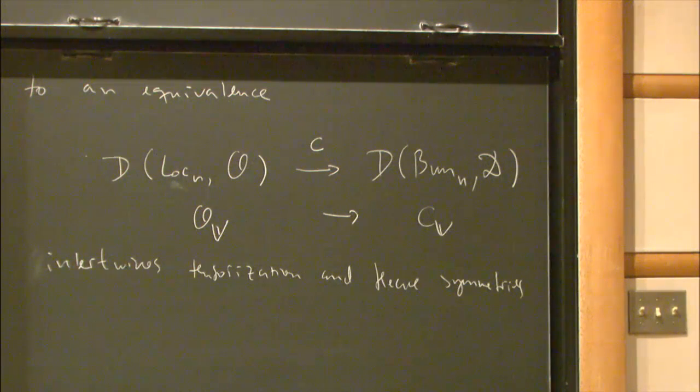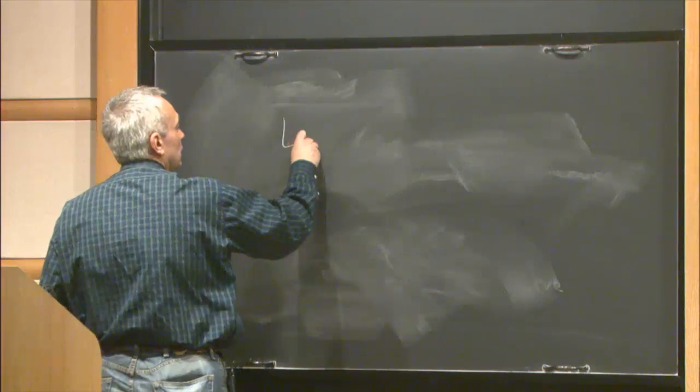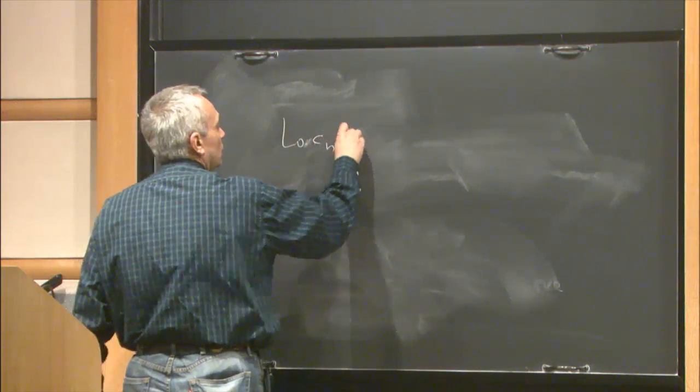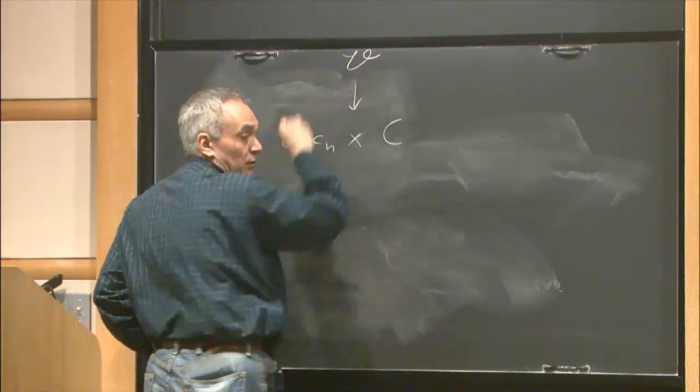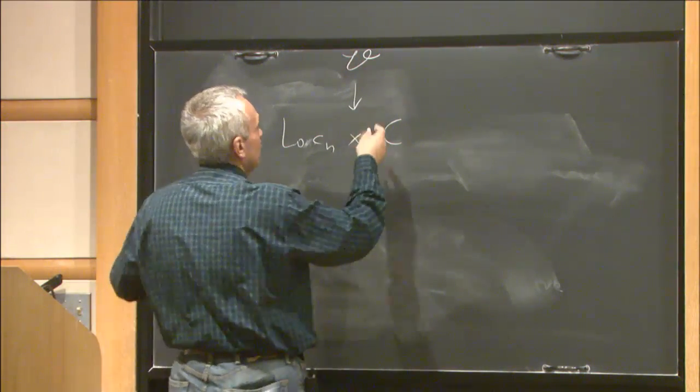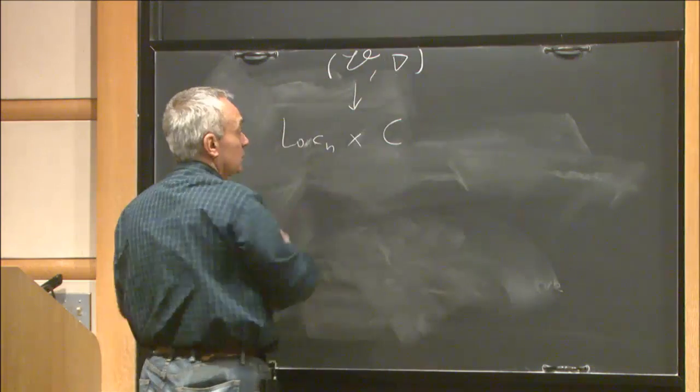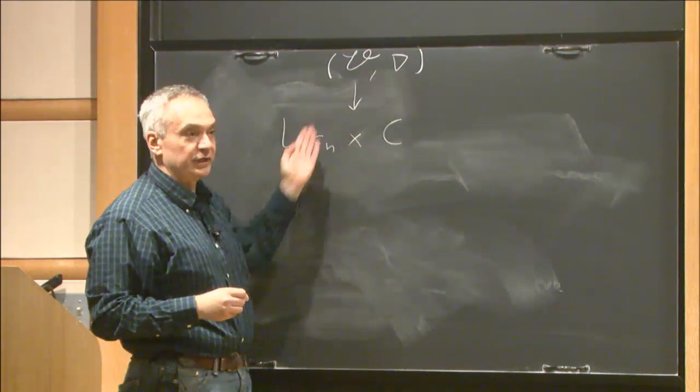So the point is that on the local systems across the curve, we have a universal local system, right? And it has an underlying universal bundle. So it's really a universal bundle together with a relative connection.